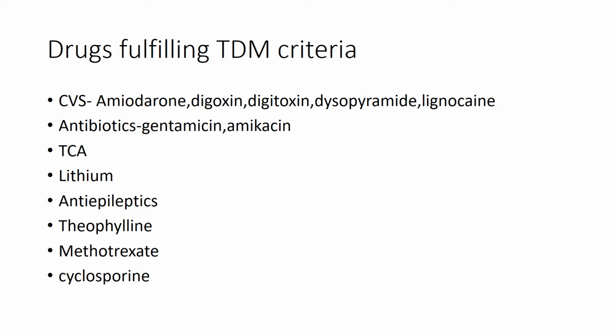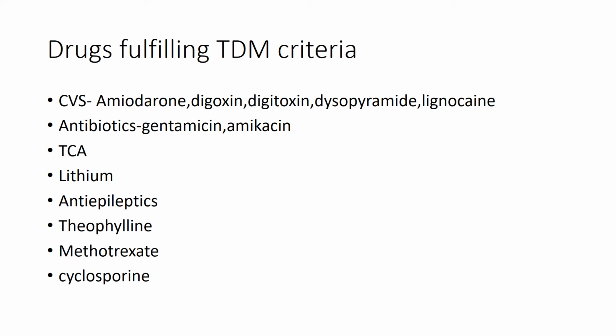Now, coming to the drugs fulfilling TDM criteria. Like we discussed before, TDM is not going to be beneficial for a lot of drugs. But there are a handful of drugs in which TDM can be extremely beneficial. In the cardiovascular system, it can be amiodarone, digoxin, digitoxin, disopyramide, lignocaine, procainamide, propranolol and quinidine.